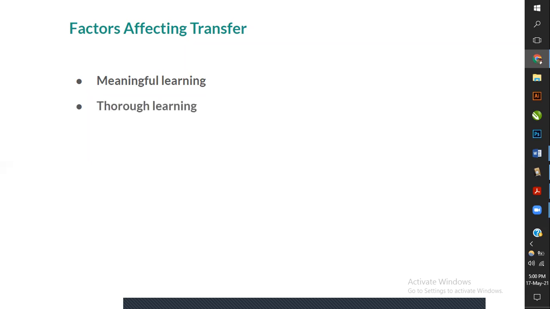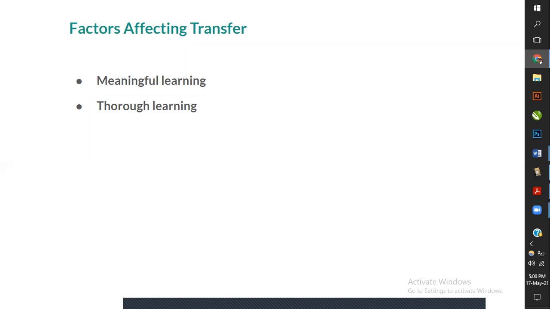And thorough learning. The way thorough learning affects transfer would be that maybe I need to do a more complex task, for example, deriving an equation.